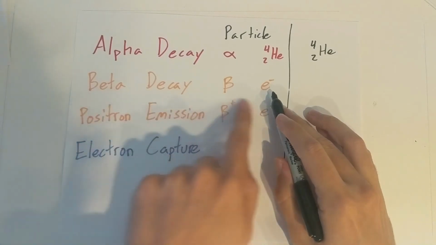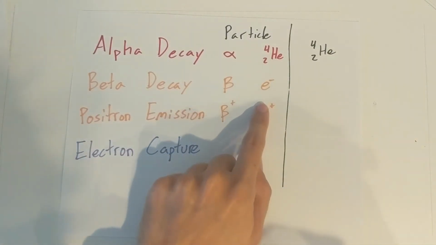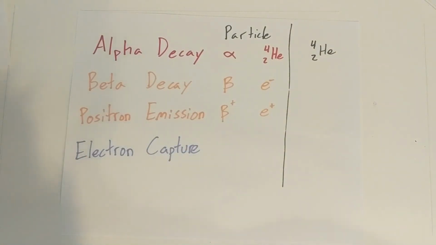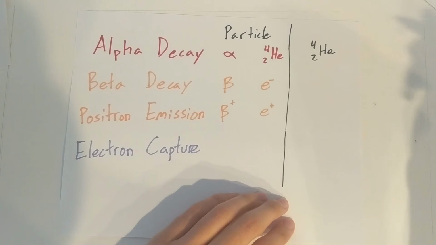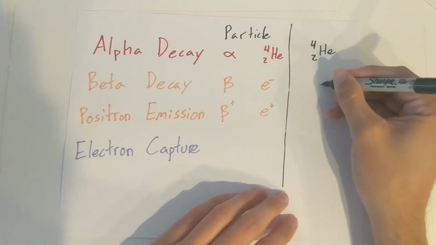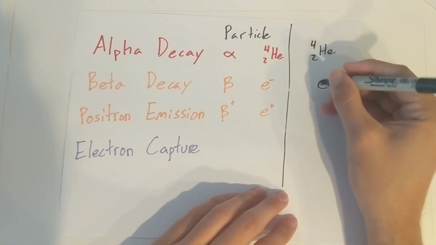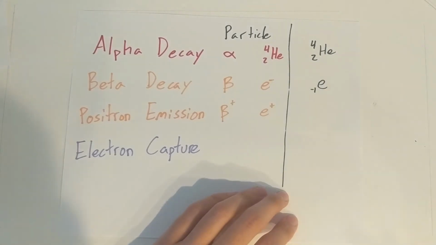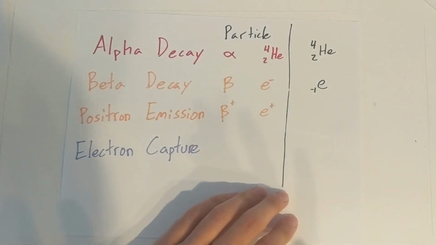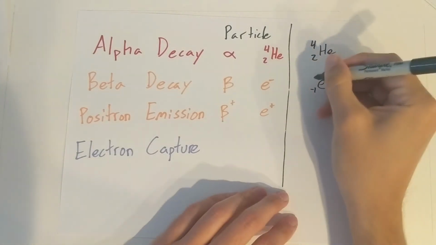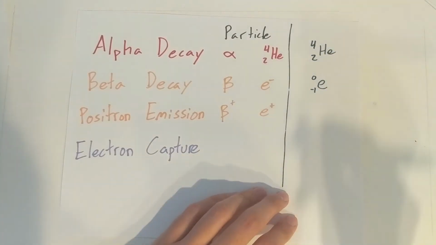Beta decay decreases our protons in our nucleus, it decreases our atomic number. We can write it down mathematically like this, because it's decreasing our atomic number by 1, and it has a mass number of 0.